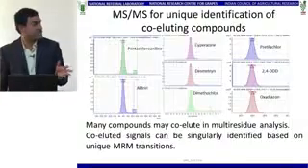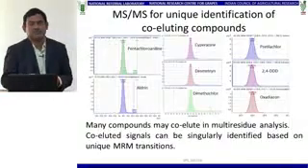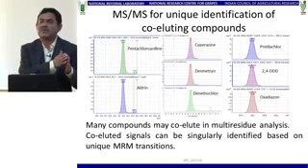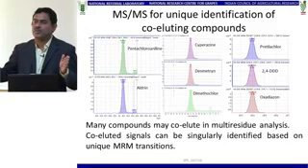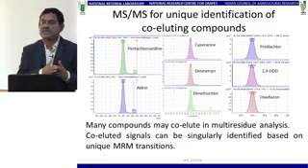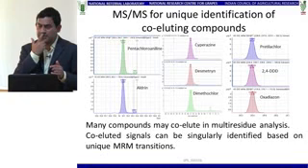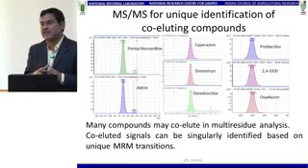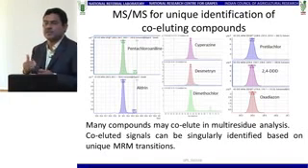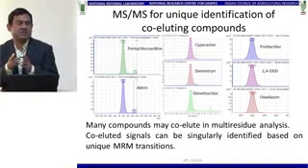So why is MSMS so important? Because when you talk about analyzing say 100 pesticides, you really cannot chromatographically separate all the compounds. If you want to chromatographically separate 100 compounds, your runtime will be too long, and sometimes various compounds may have such a close similarity in their physicochemical properties that their retention time is almost the same.